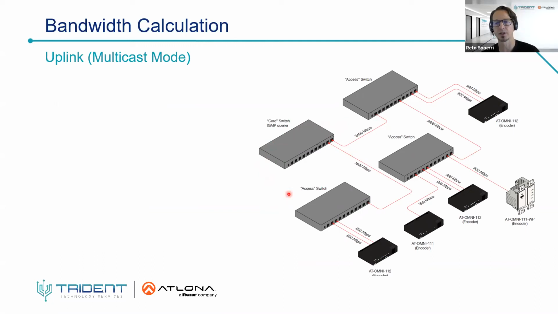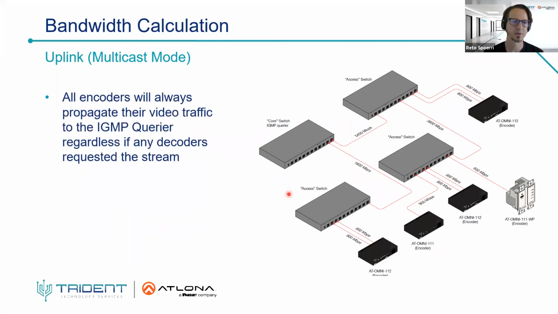And of course, this is the worst case scenario, so maximum bandwidth. All encoders will always propagate their traffic to the IGB carrier, regardless of whether any decoders requested the stream. This is important for multicast, and it's important for calculating the uplink bandwidth.